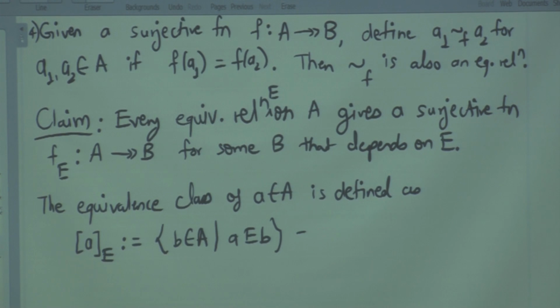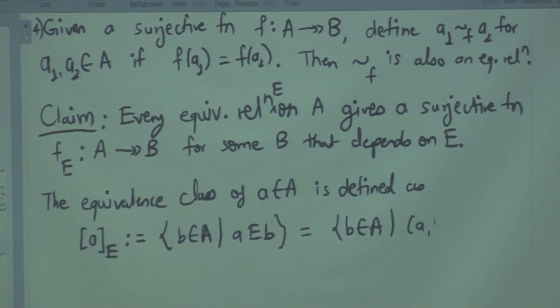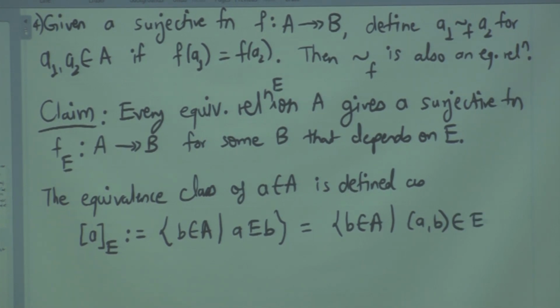In other words, all those b's in A such that the pair (a, b) is in that equivalence relation.